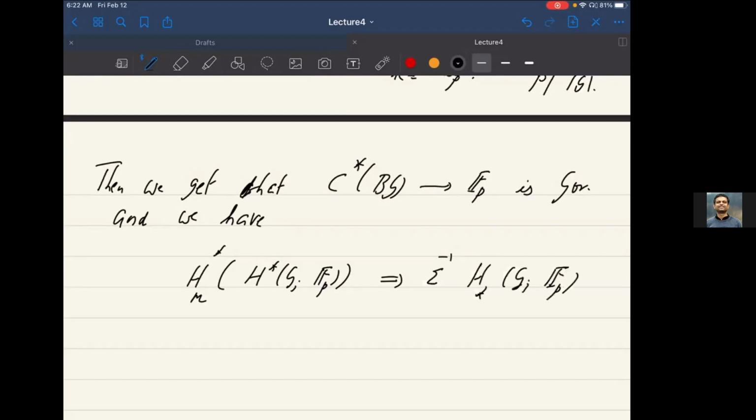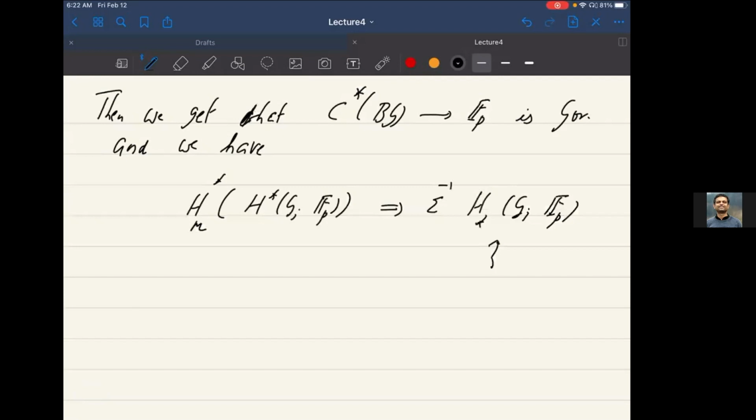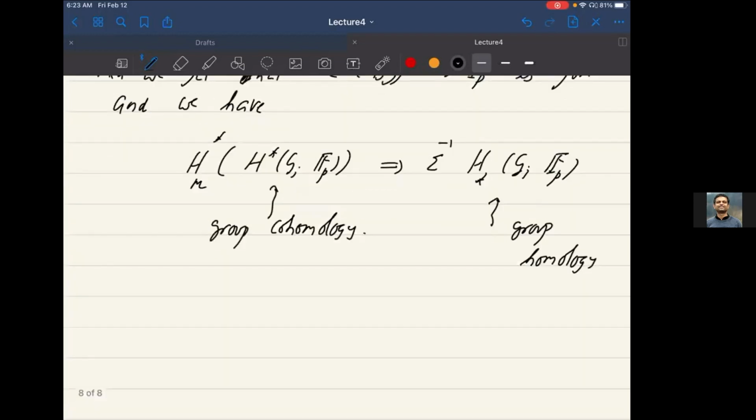So this is group homology here, which is just a dual of group cohomology. So we get a spectral sequence, and this goes by the name Benson-Carlson duality.